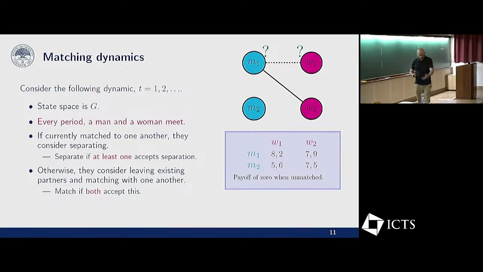So let's consider dynamics in these matching problems, right? And, question. There's a famous algorithm, the deferred acceptance algorithm, which is, the old joke is that if you ever read a matching paper, you know the answer is going to be deferred acceptance, or some version of deferred acceptance.